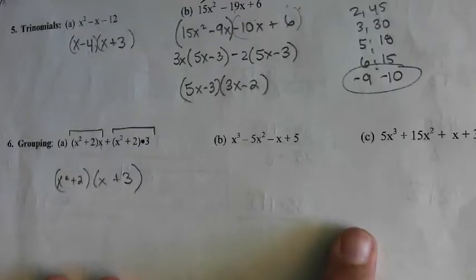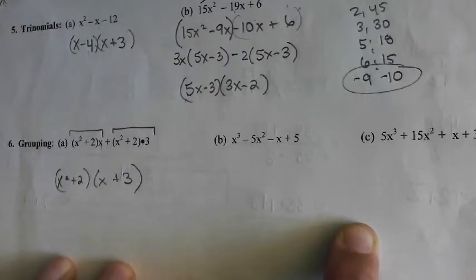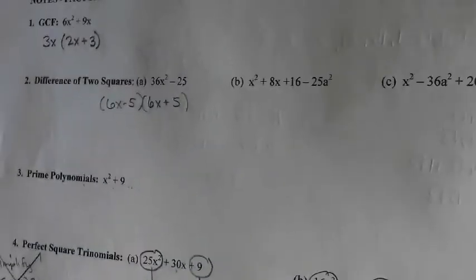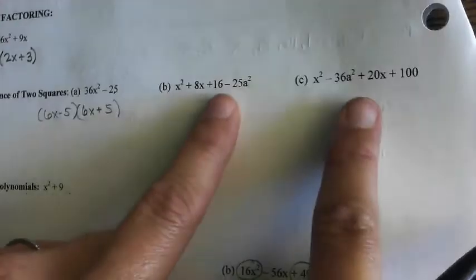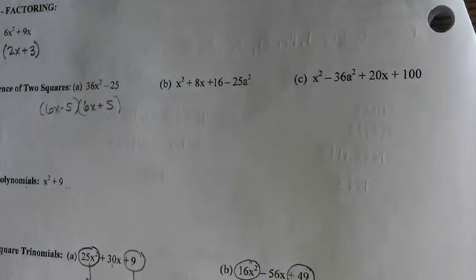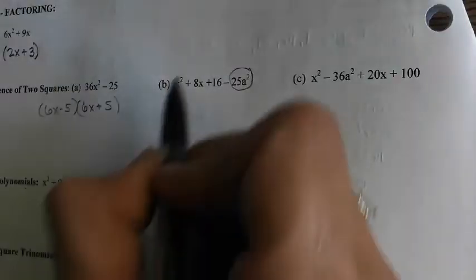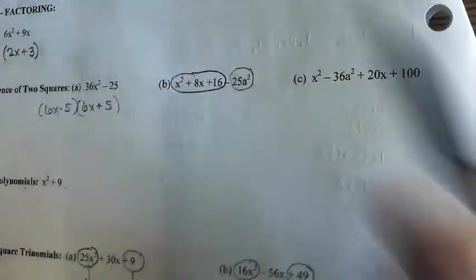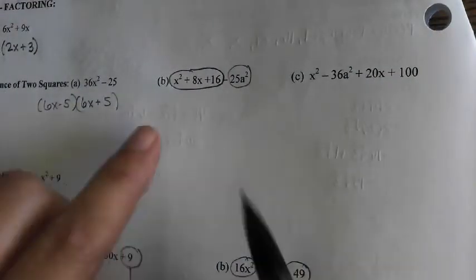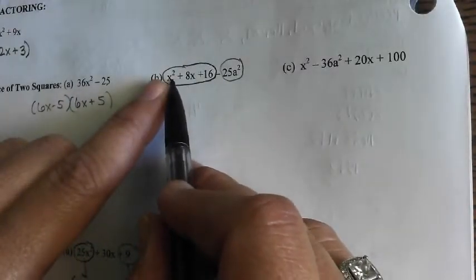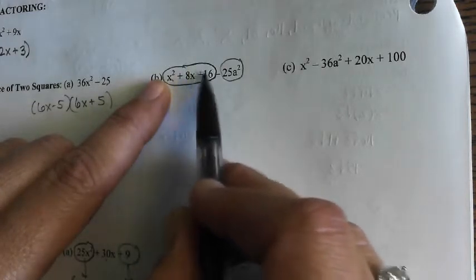I just need to go back up to 2, B, and C, the ones that I skipped. I skipped them because they weren't straightforward as far as being the difference of perfect squares. This is a perfect square. This doesn't really appear to be one, but now that we know that shortcut, we can factor this trinomial.